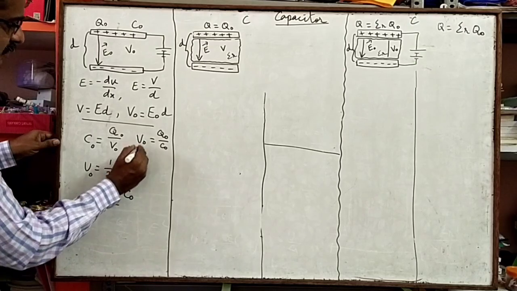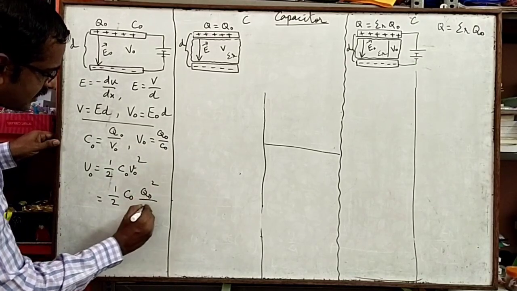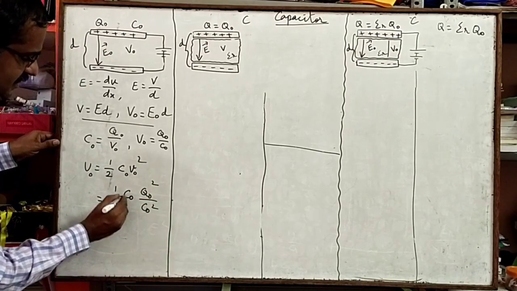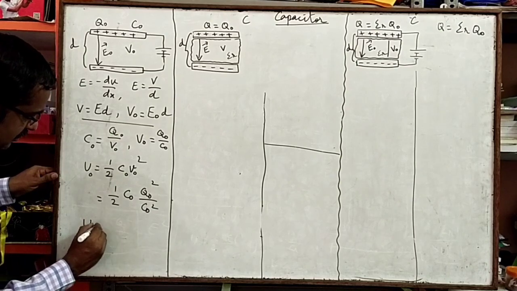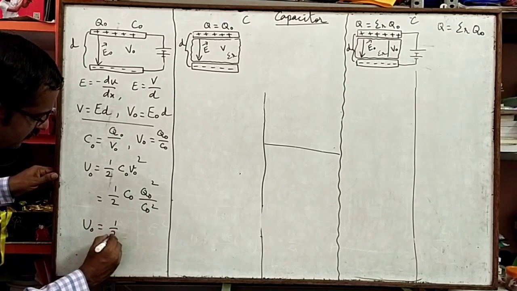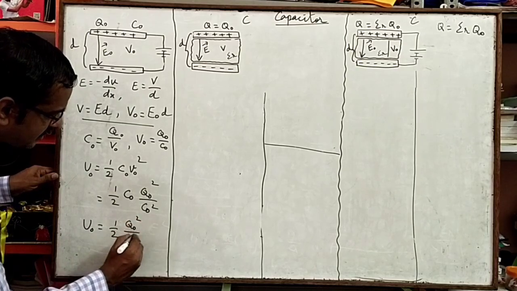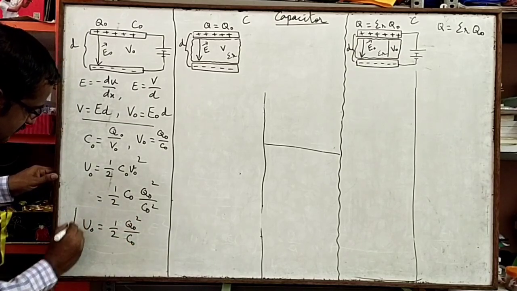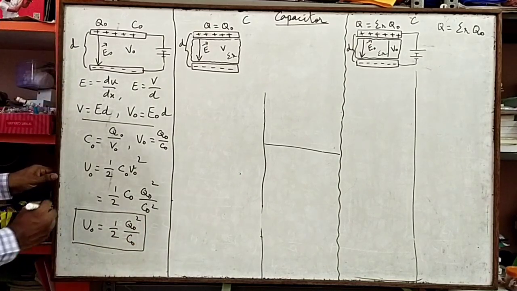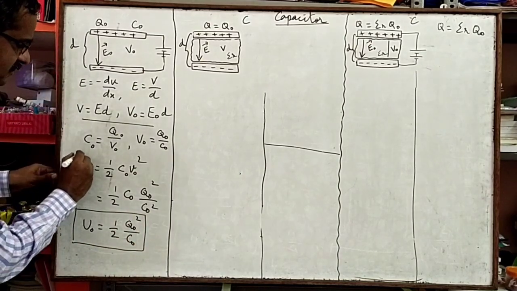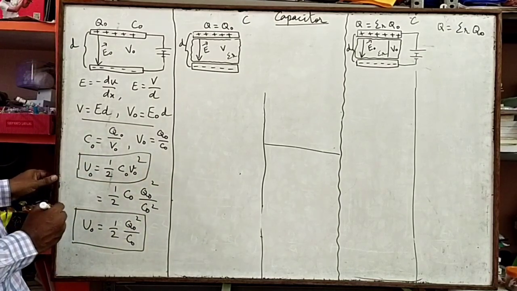So V0 square can be written as Q0 square divided by C0 square. C0 gets cancelled. Then we get U0 is equal to half Q0 square divided by C0. This is also an equation to calculate the energy stored in a capacitor.